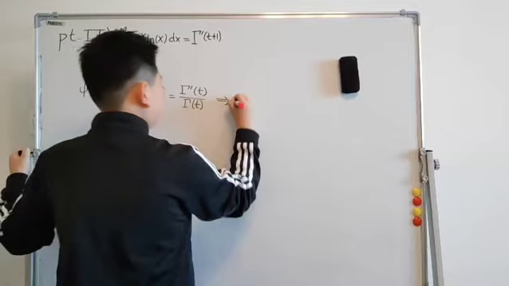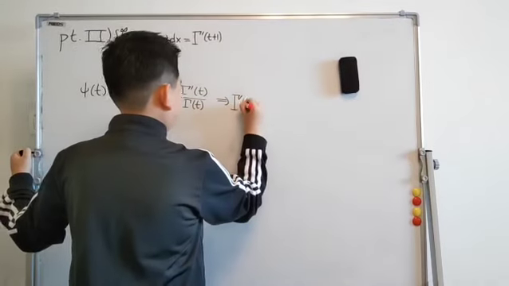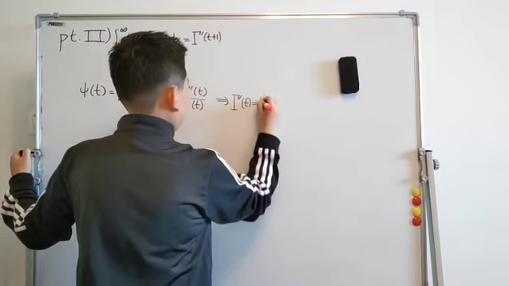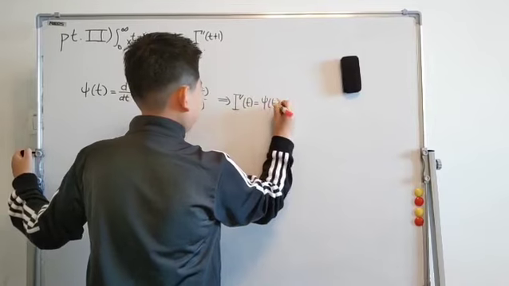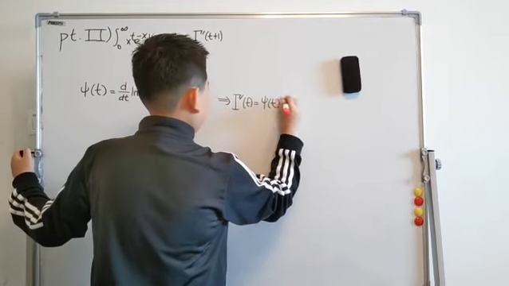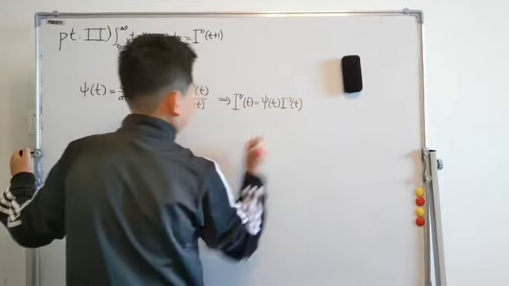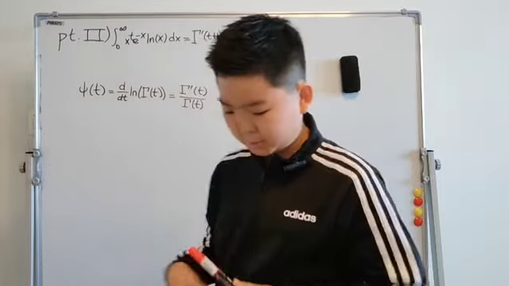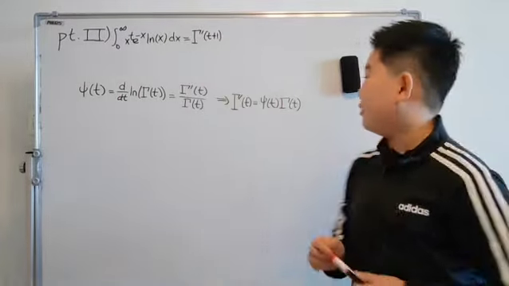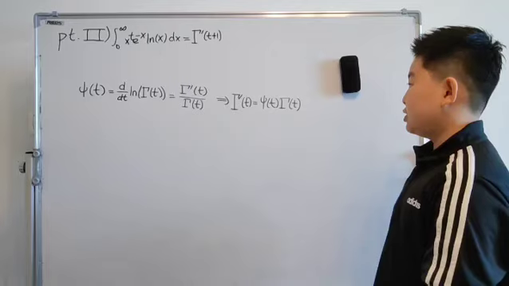Meaning that from here we derive the solution gamma prime of t, then we go to digamma of t. Once again, we've explained this in the previous part, so you should be able to catch up on this.